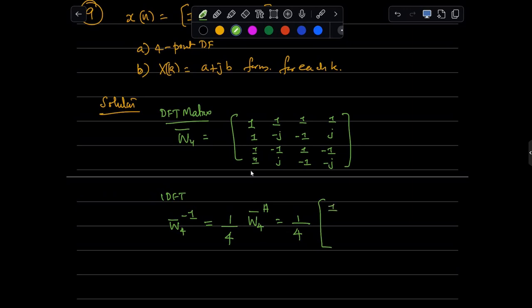So 1 1 1 1, then 1 plus j, minus 1 with no change, and minus j. Then 1 minus 1 1 minus 1, then the last one, written as a column, 1 minus j, minus 1 and j. So this is the inverse, or we can say 1 over 4 times W4 Hermitian.